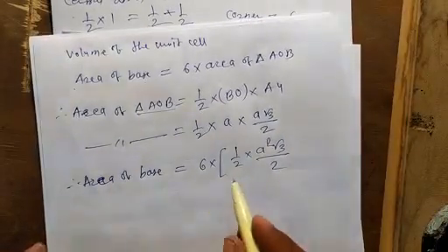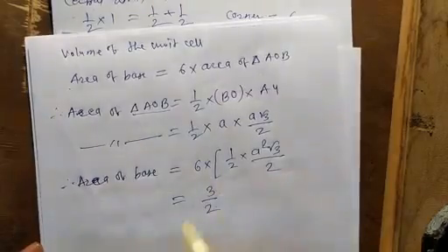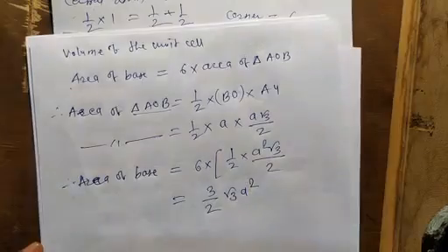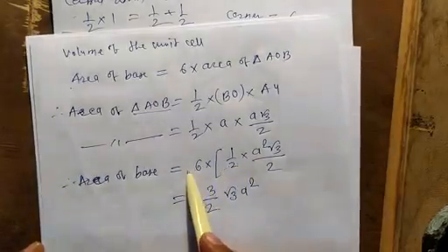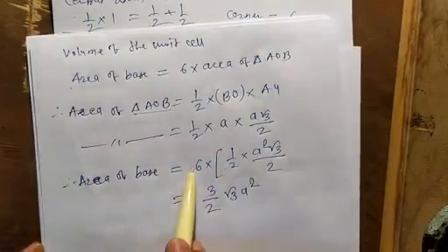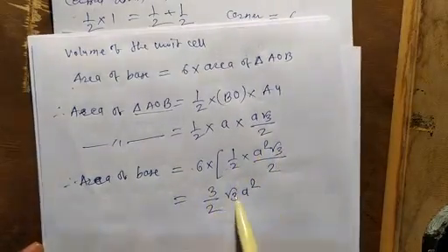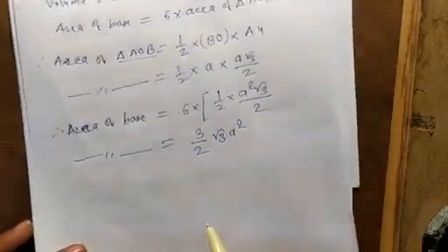If we calculate this, we get 3 by 2 into root 3 A square. The 2 cancels with the 6, leaving 3. So 3 by 2 A square root 3. Okay, now this is the area of the base.